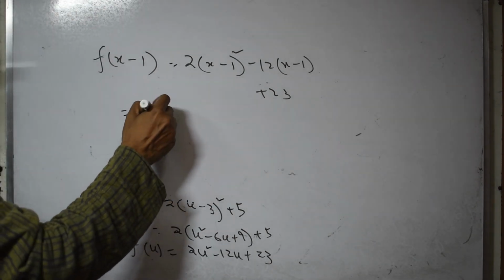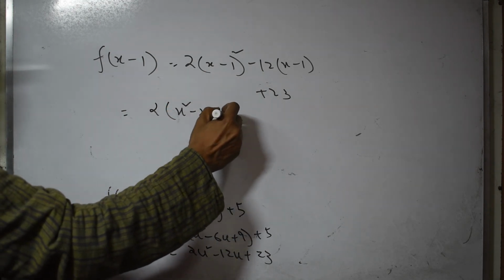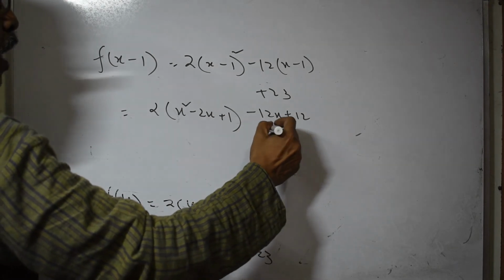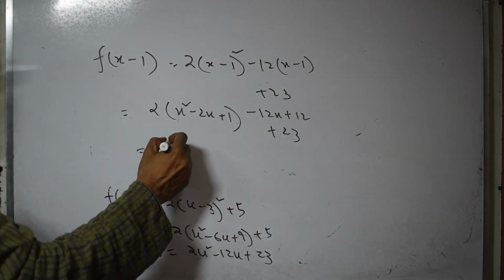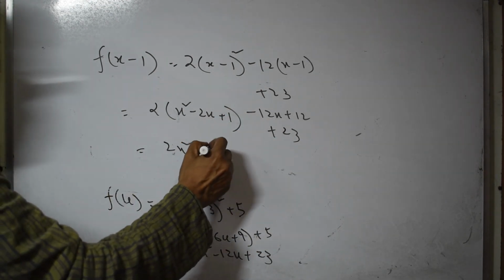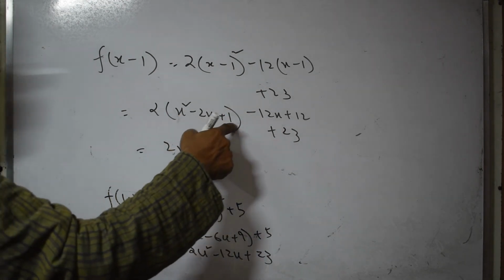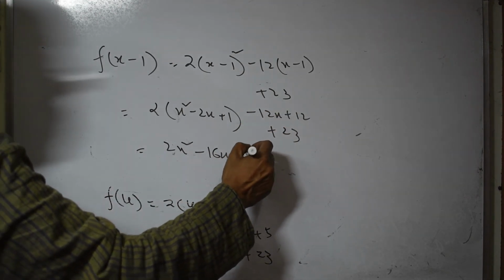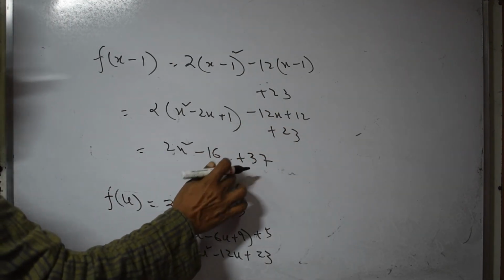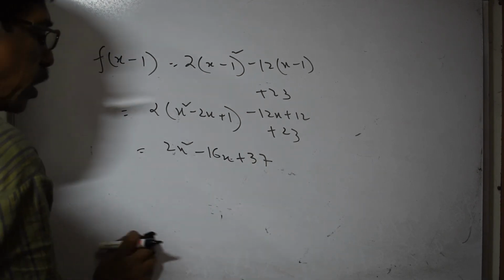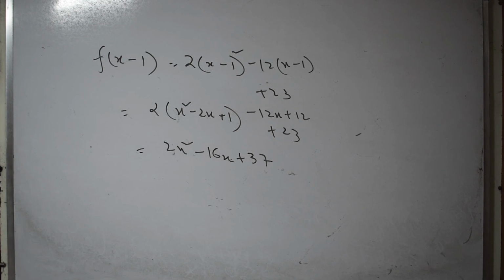Using the square formula, 2x square minus 4x plus 2, minus 12x plus 12, plus 23. Further simplifying, 2x square minus 16x plus 2 plus 12 is 14, plus 23, 37. So this is the final answer. These are a few problems of algebra function for today.